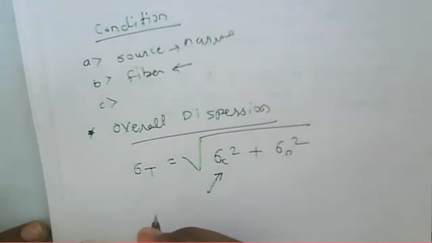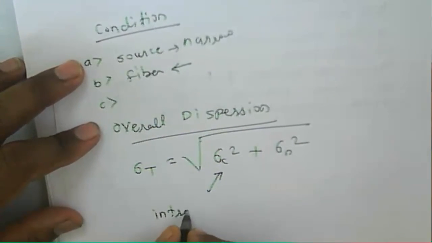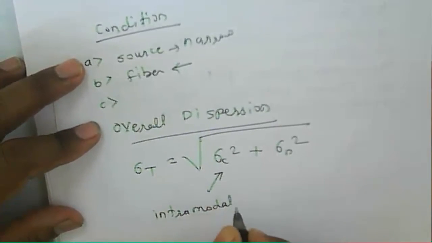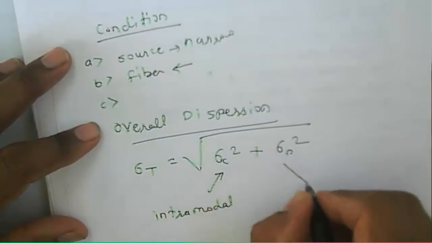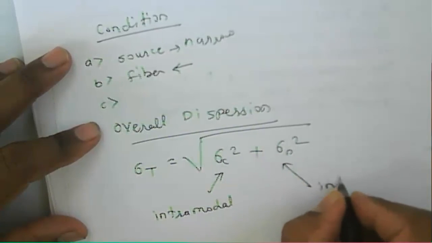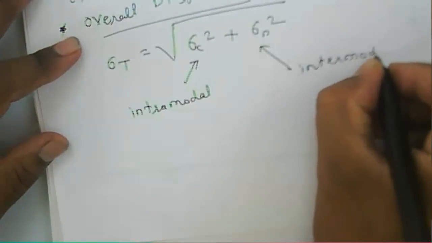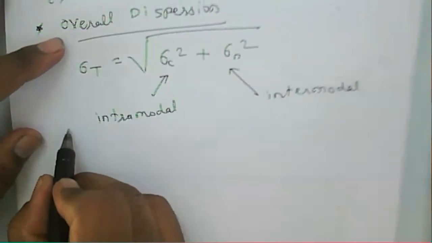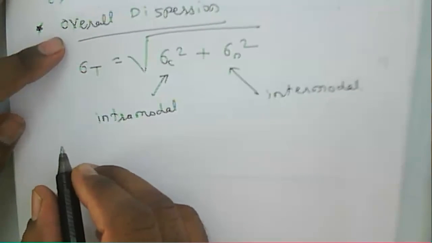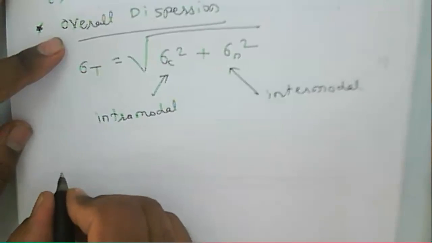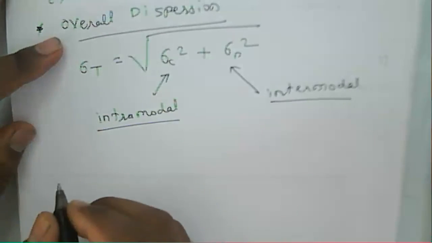Here sigma c is the intramodal dispersion, or chromatic broadening or chromatic dispersion, and sigma n is the intermodal dispersion. So we can find out the intermodal dispersion and intramodal dispersion.